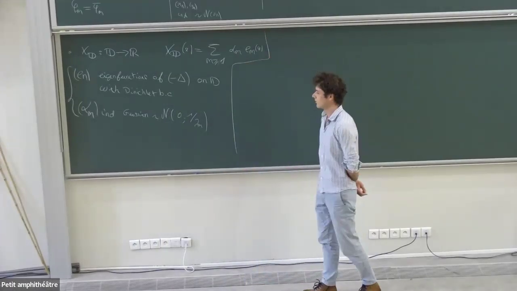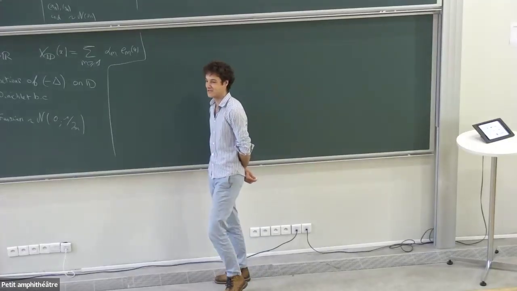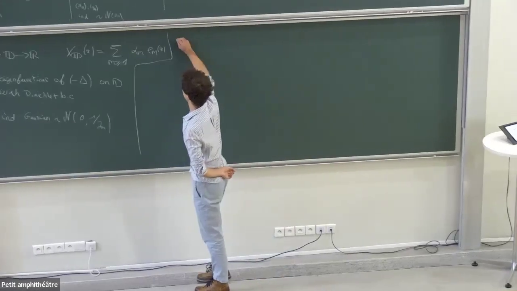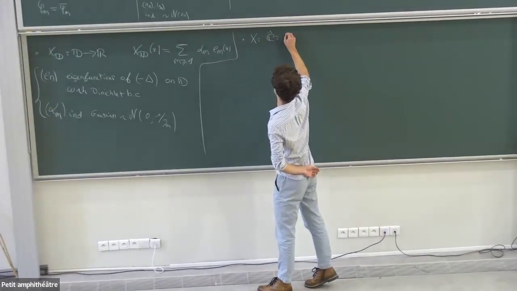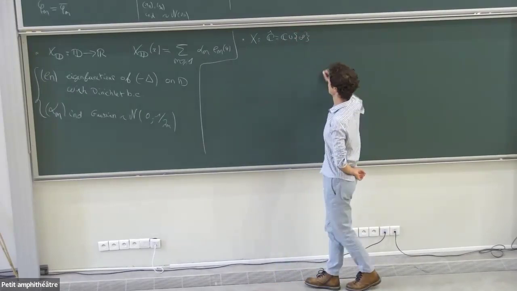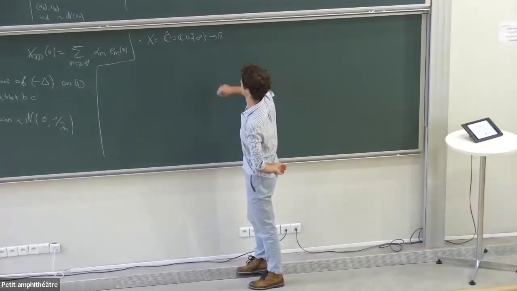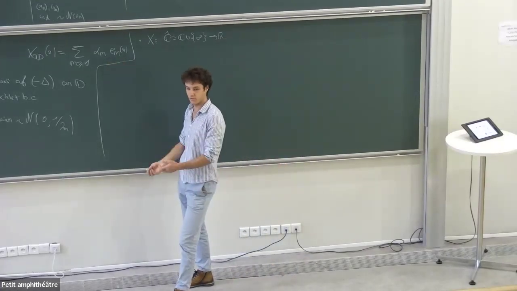And finally, I will use a last Gaussian free field in this talk, which takes values on the Riemann sphere, which is C, to which I add a point at infinity. And I can do exactly the same thing. I can take eigenfunctions of the Laplacian.